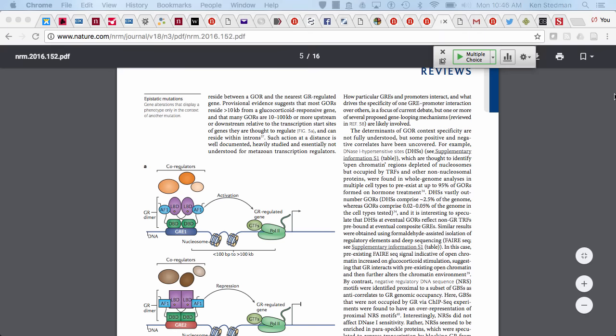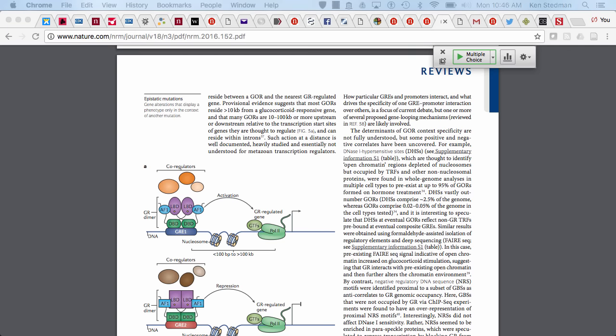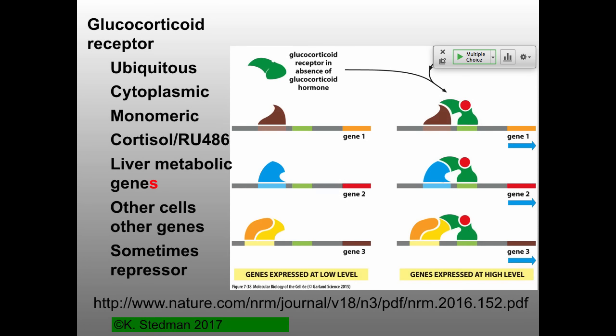So that gives you a bit of an idea where we stand with a lot of these regulators. It's actually a really, really nice paper in terms of how this particular transcriptional regulator is working. Again, probably one of the best studied of the transcriptional regulators, and again, practically not understood exactly how it works.